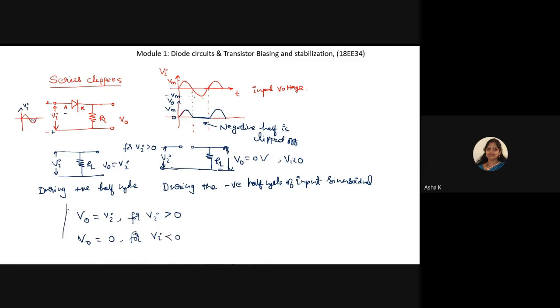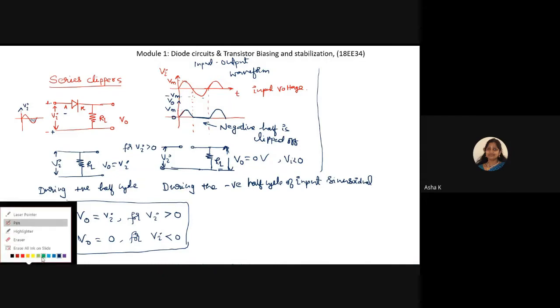So this is the summary of this particular series clipper, the negative side series clipper, because the negative peak of the information is clipped off. For this, I wanted to draw the input output waveform of the series clipper.